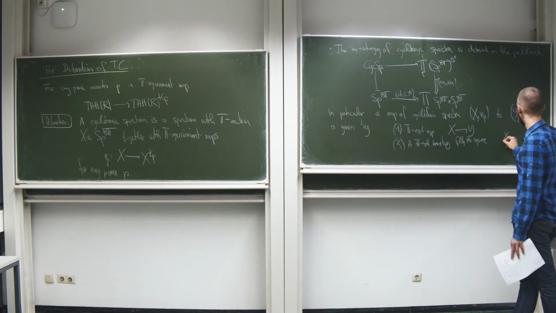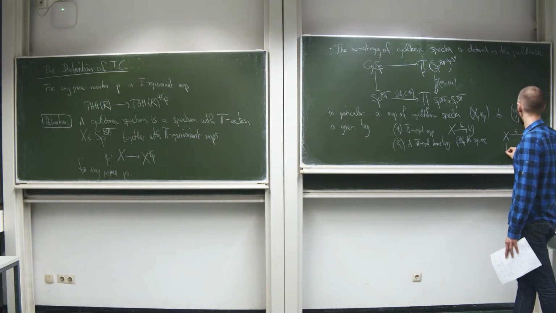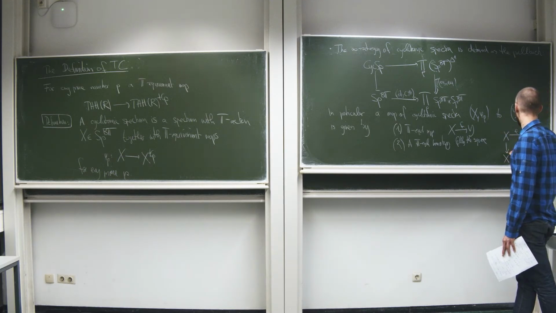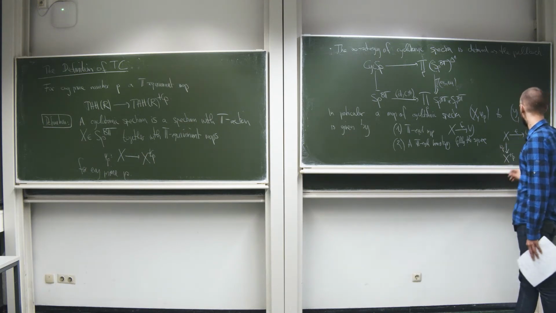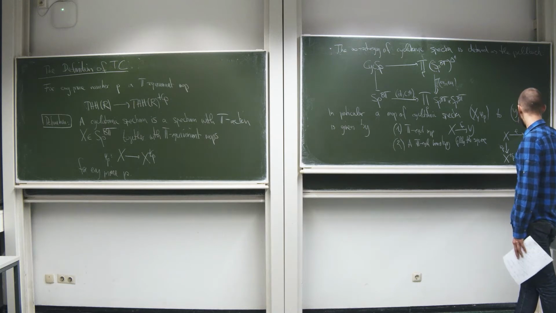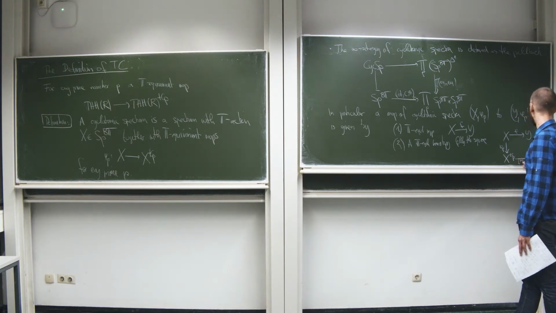Well, what can you do? If this is f, you can go from X to Y, and then you can go to Y^{tC_p} with φ_p'. Or you can go from X to X^{tC_p} with φ_p, and here you apply f^{tC_p}.